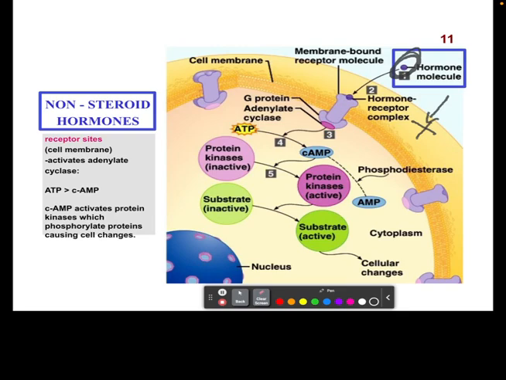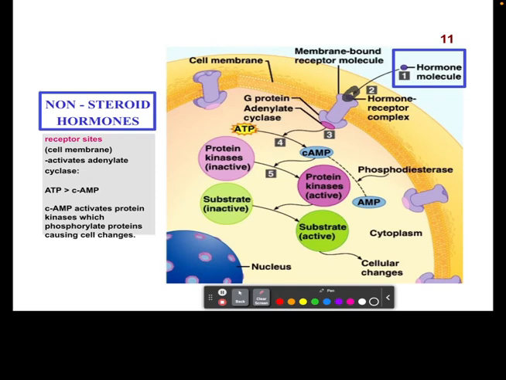So when it comes to non-steroid hormones, which again is the whole part of this video, they cannot pass through the cell membrane. Okay? What they need to do instead is bind to a receptor, such as right here. When they bind to this receptor, a cascade of effects is going to happen. So, in other words, a domino effect is going to occur.